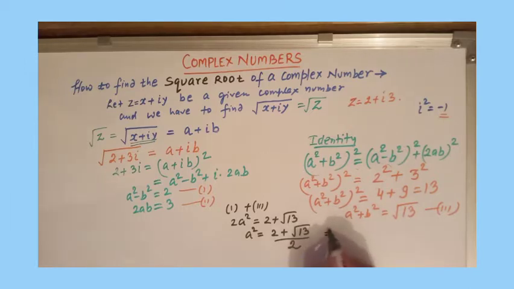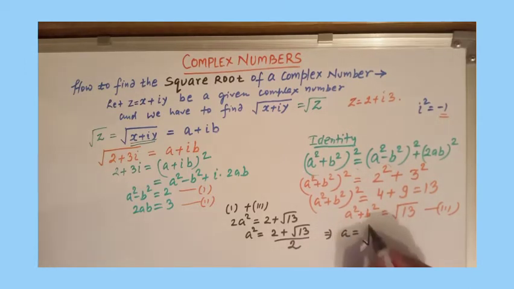Clear? Or we can write a is equal to square root of (2 plus square root of 13) divided by 2.